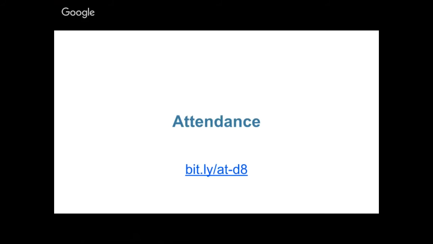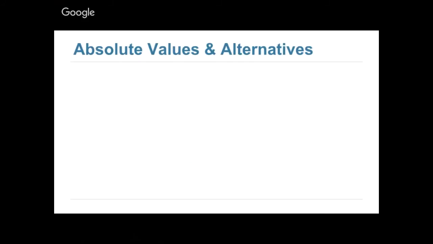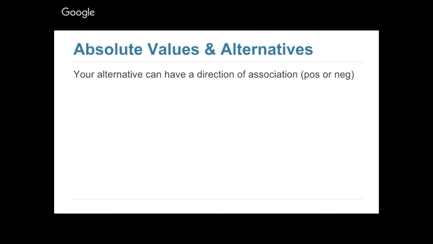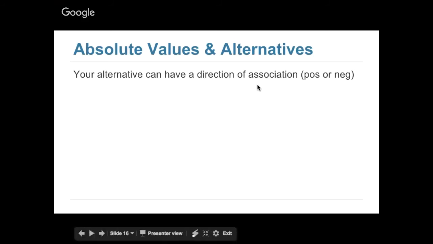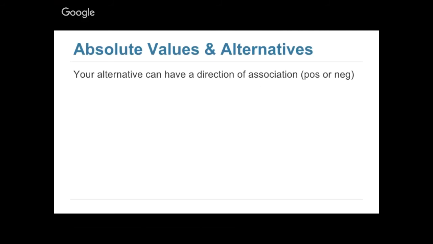Okay, so to recap, I want you to note one more thing, which is my alternative can have a direction, right? We talked just now about coins. We said the coin can be biased towards heads, or it could be biased towards less heads, right? And in that case, my direction of association differs. I could be different in the positive direction, or a negative direction, or both, right?